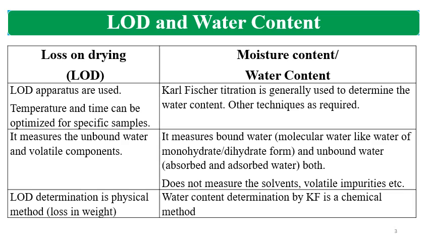Water content testing also serves as a tool to determine the percent potency or assay. LOD determination is a physical method because it is just a testing of loss in weight on heating, whereas water content testing is a chemical method, as water by KF testing requires chemical titration.